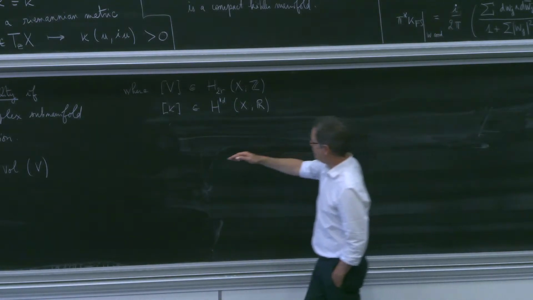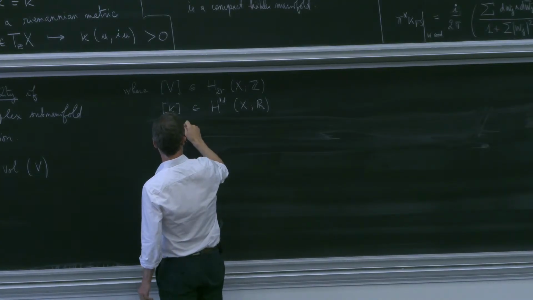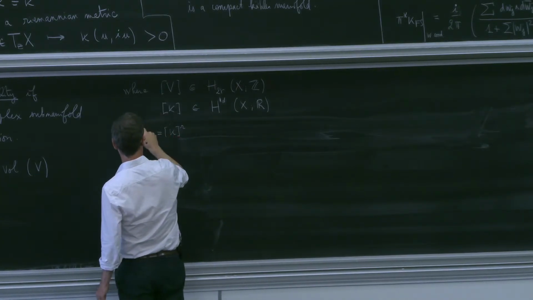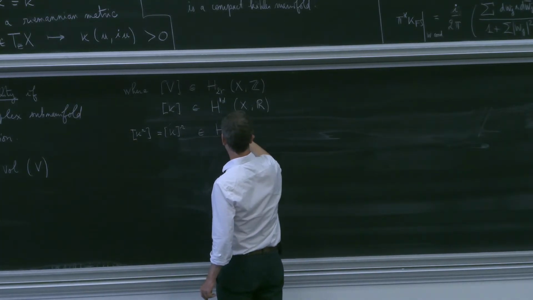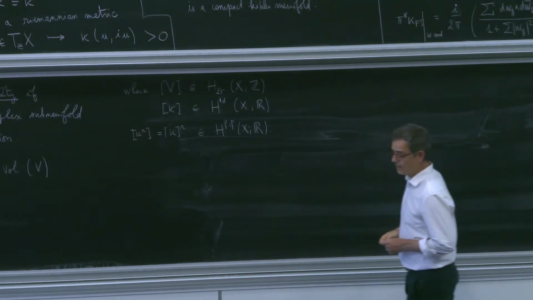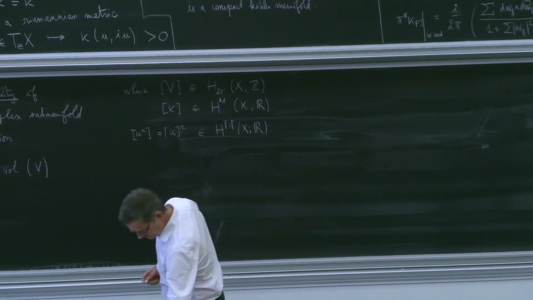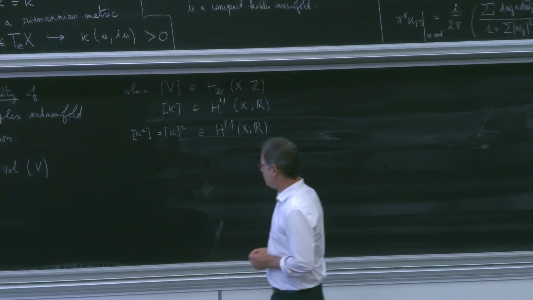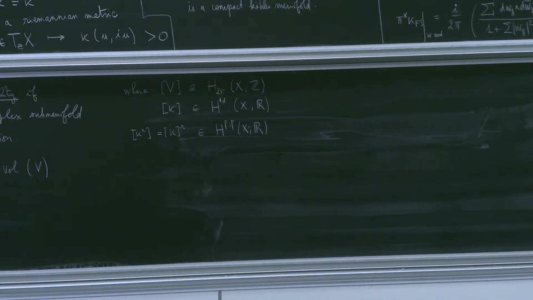Okay, and kappa to the R is the same as, let's say by definition, the class of kappa to the R is in H^{R,R}. Okay, so let's comment a little bit on these formulas. You see, you start with a complex submanifold.